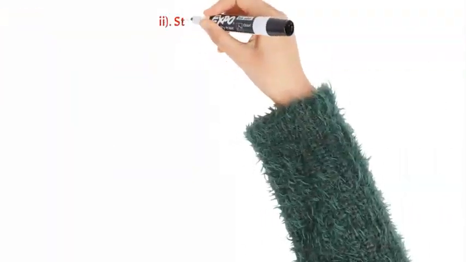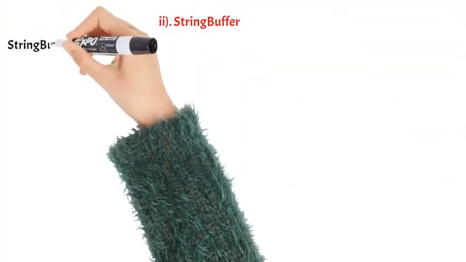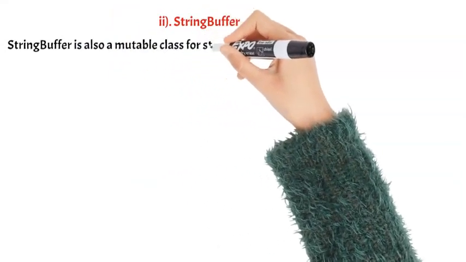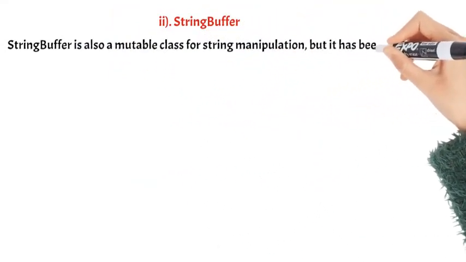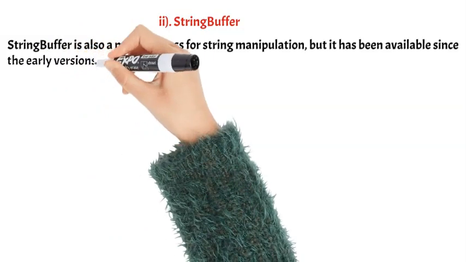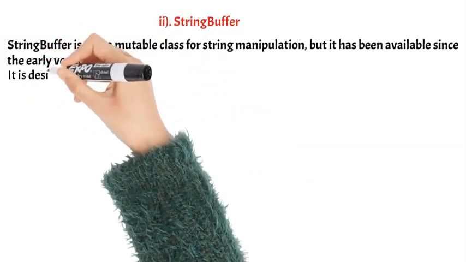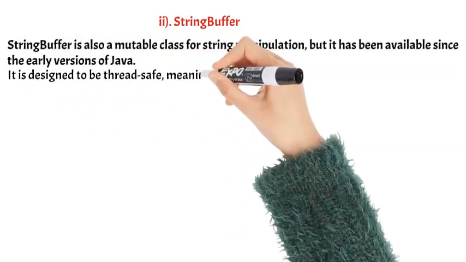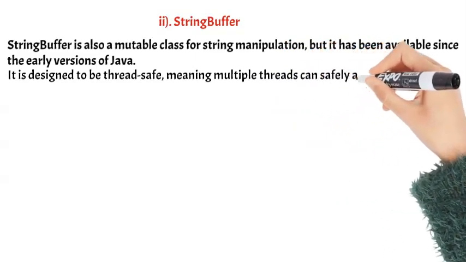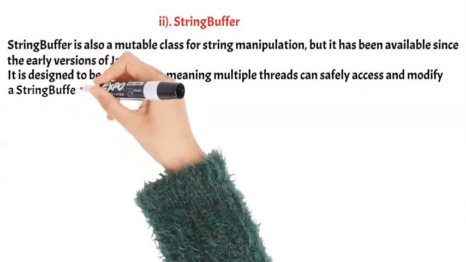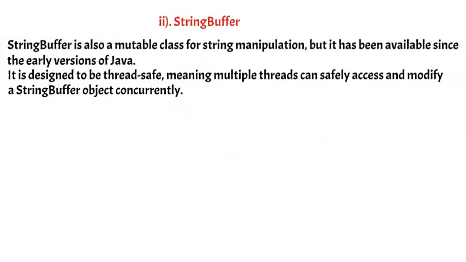2. StringBuffer. StringBuffer is also a mutable class for string manipulation, but it has been available since the early versions of Java. It is designed to be thread-safe, meaning multiple threads can safely access and modify a StringBuffer object concurrently.